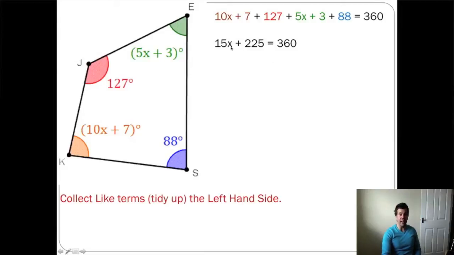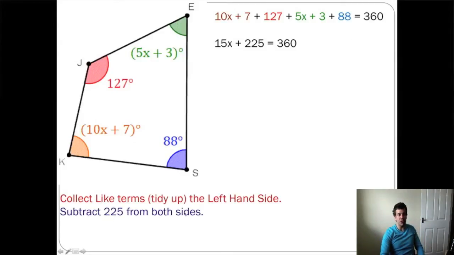The aim is to find out what x is, i.e. to get x on its own. So we need to get rid of everything else from the left to the right. The first thing we need to get rid of is this 225. If I have 225 and I want to get rid of it, I just simply take it away. But don't just take it away from the left side, take it away from the right as well to keep the equation balanced.